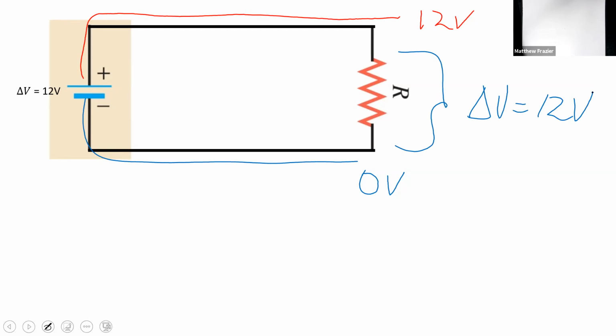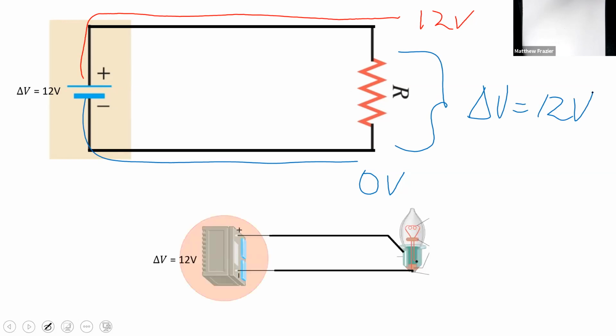So for a realistic example, car battery, 12 volts, and we hook it up to a light in the car. And that light is not a conductor, it's a resistor. It will use energy, it'll turn energy from electrical potential to light.